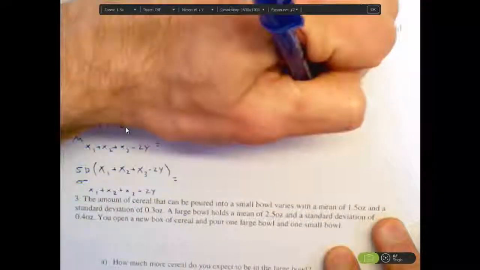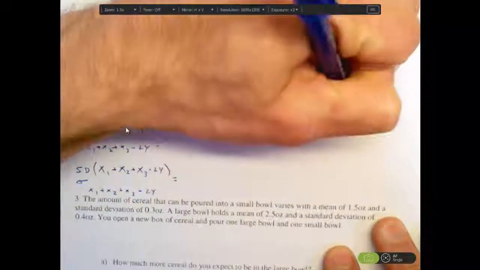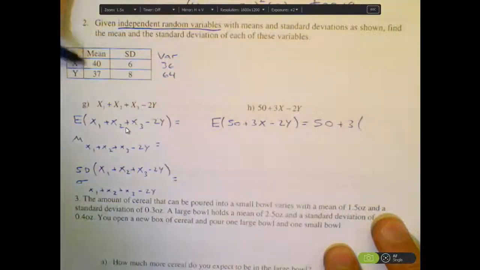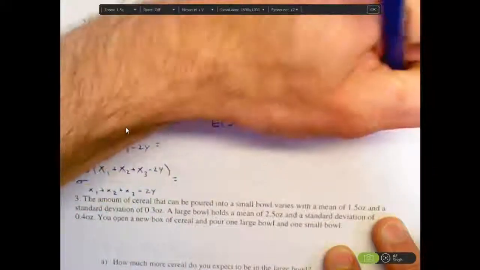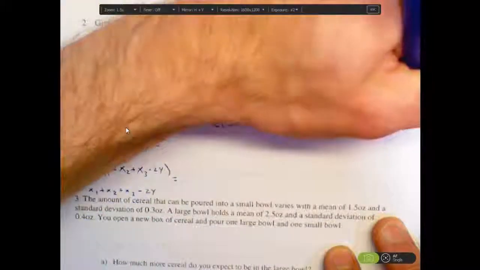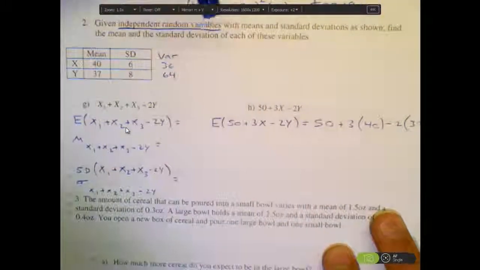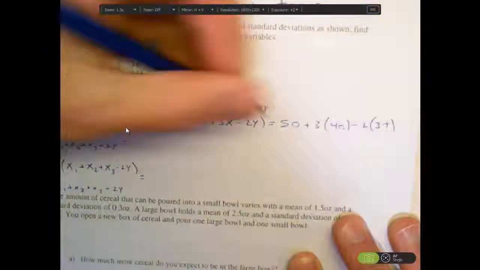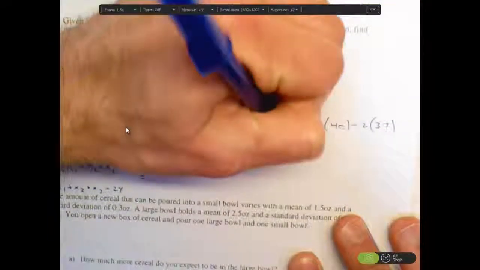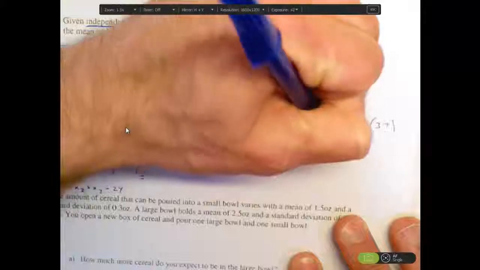So adding and subtracting affects measures of center. Plus 3 times the expected value of x, which was 40, minus 2 times the expected value of y, which was 37. And let me move that over. So that's going to give me an expected value of 96 units.